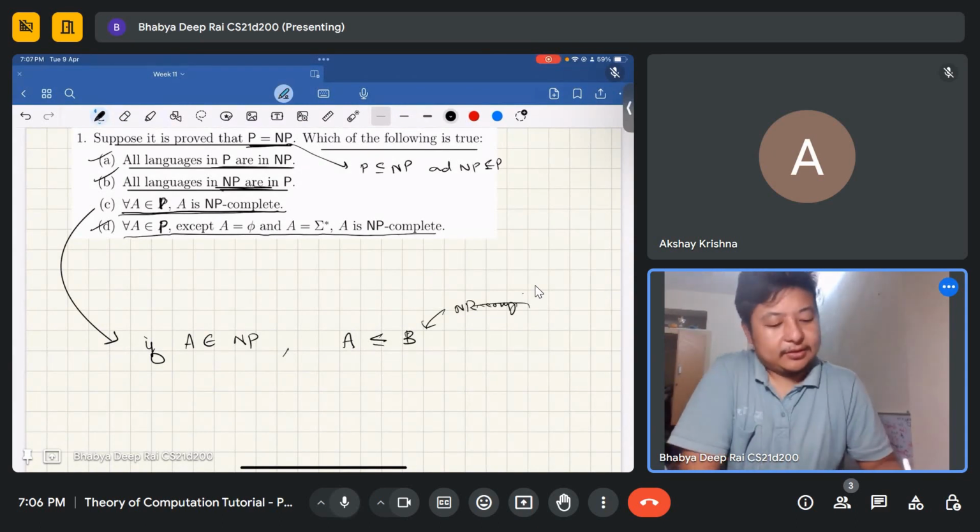So if A is in NP, then A will always reduce to an NP complete language.